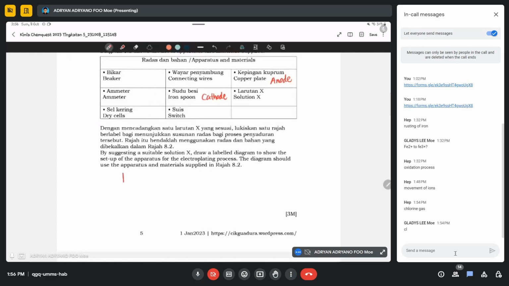Is the long one the cathode or the short one? The short one is the cathode. Okay, good. So draw.